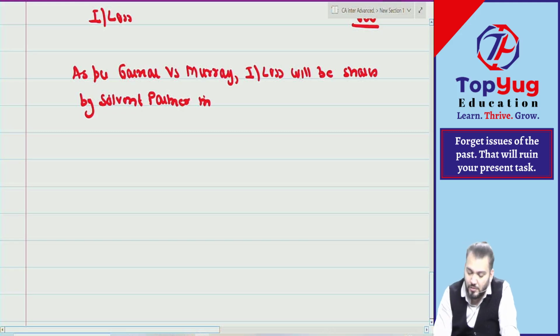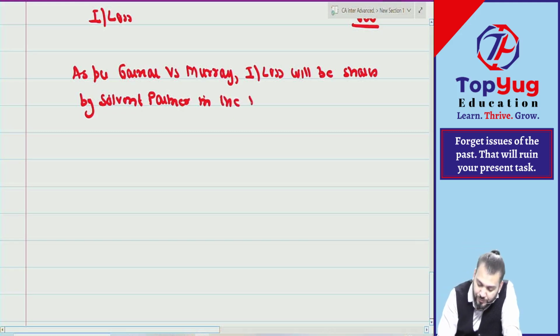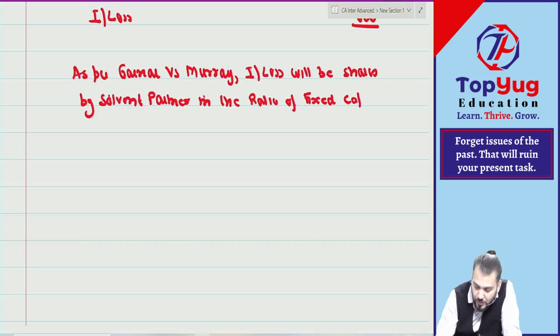So in the ratio of fixed capital, that is 2:2, means 1:1.